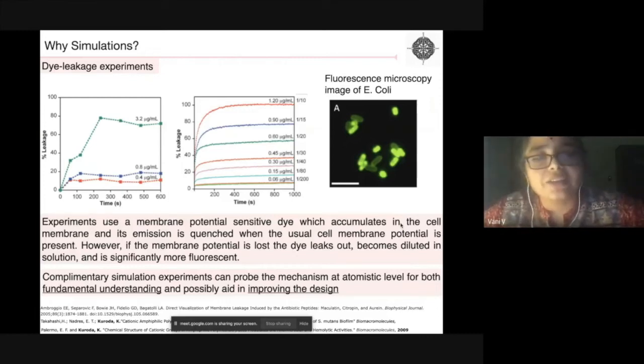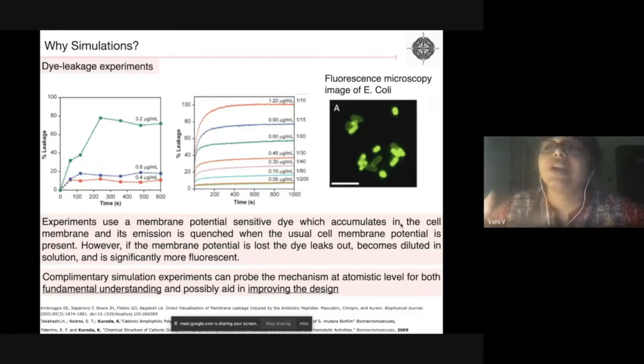Now I just want to answer the question of why people want to do simulations of these things. The experiments are very crude. What they tend to do is take something like an E. coli bacteria and put some probe inside, a fluorescence probe, which lights up when it comes out. Then they inject some polymer solution, and if this polymer solution kills the bacteria, the fluorescence probe comes out, they can record it and say that the bacteria is dead.